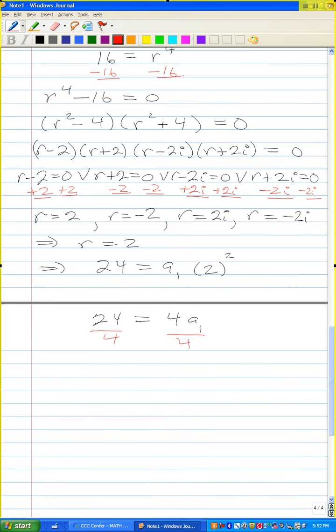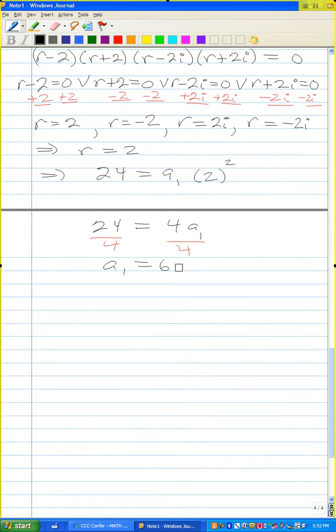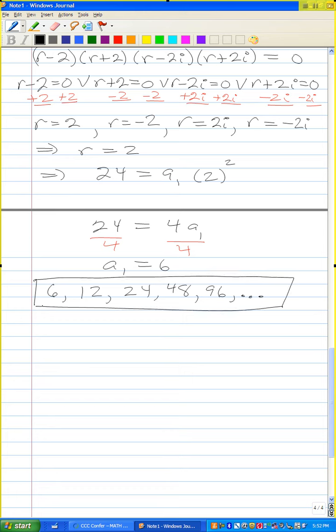And so I have that a1 is equal to 6. So therefore, a1 is 6, r is 2. And so the first term is 6, next one 12, 24, 48, 96, etc. Okay, and so that's the first 5 terms of the sequence.